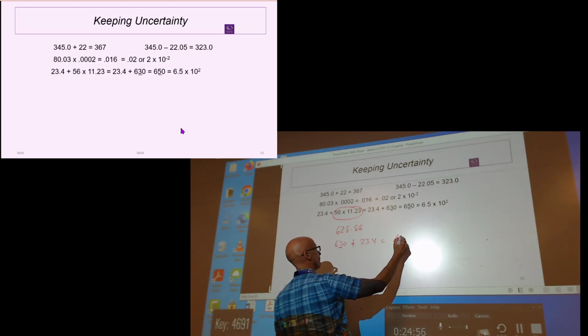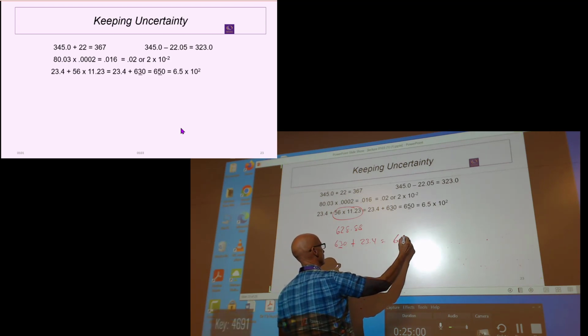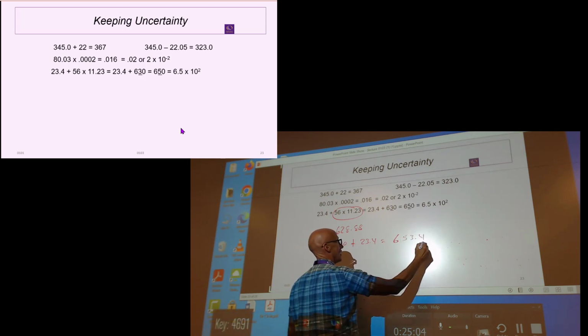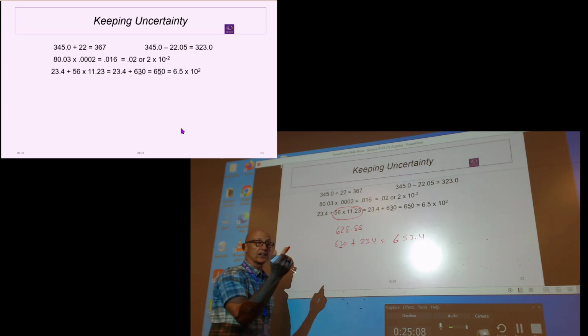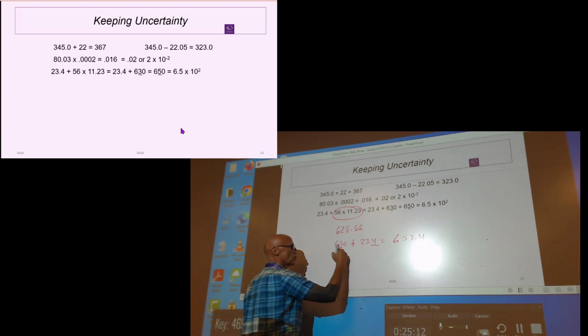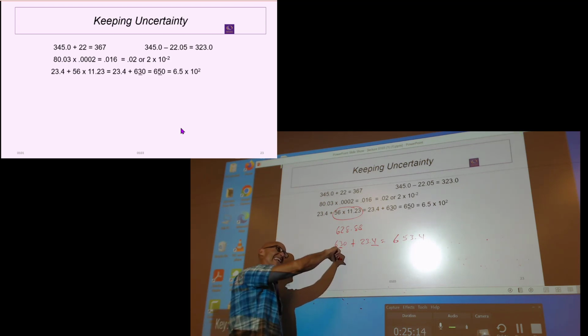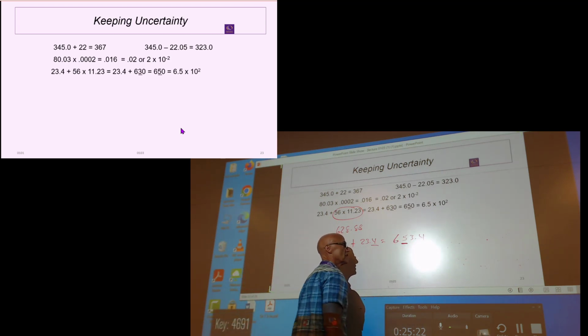We're going to add these as is. Just add them right up. 653.4. And now I go back and say, okay, but I have to keep the least precise. This is good to the tenths. That's glorious. This is only good to the tens. So I can only write an answer to the tens. So really, this is the proper answer, 650.